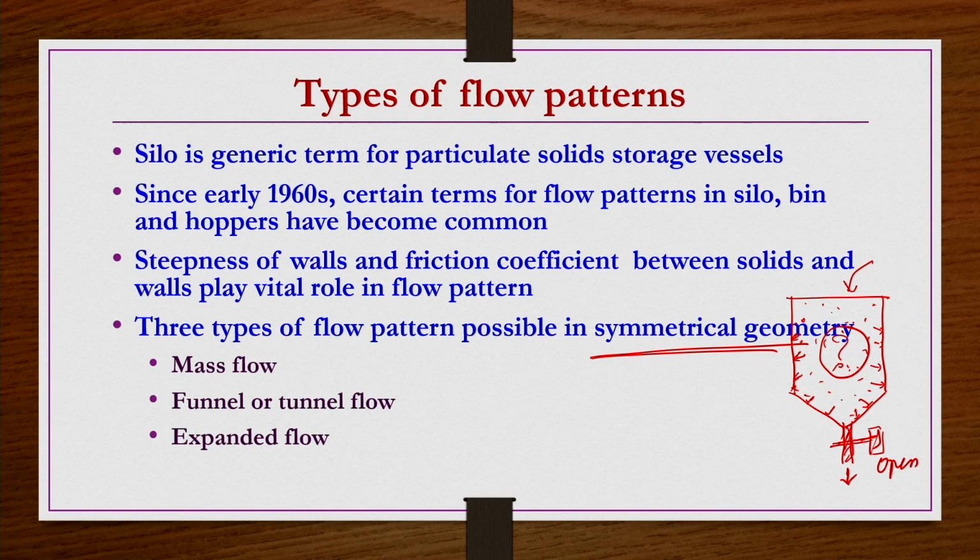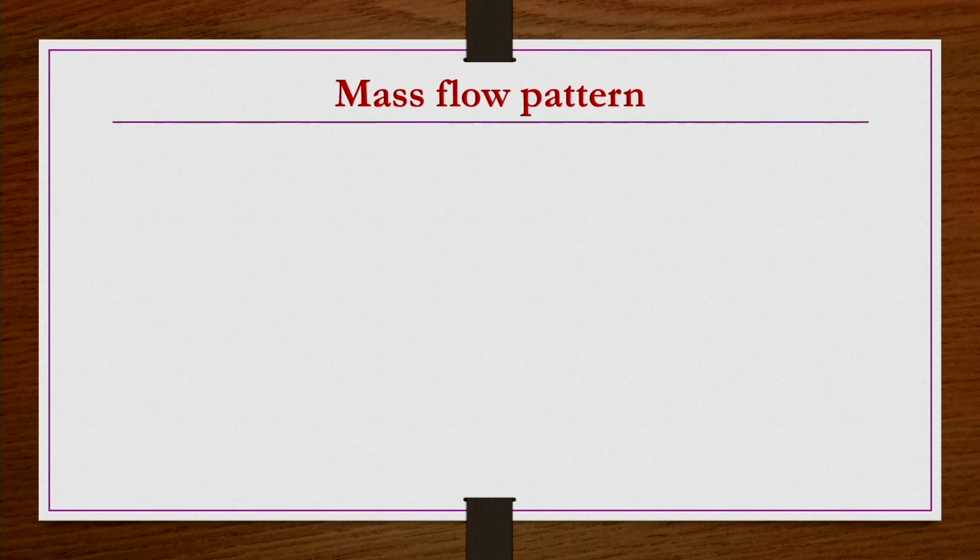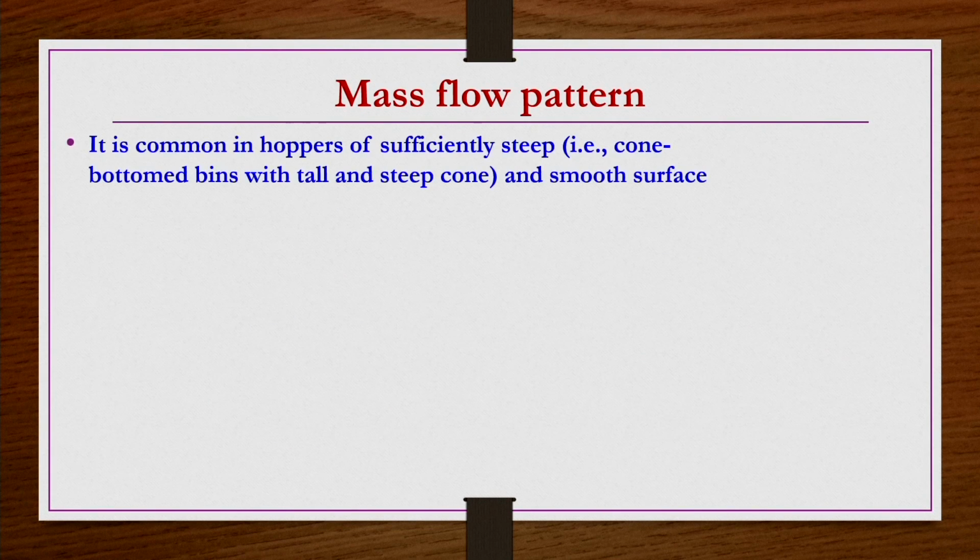Let us start with the mass flow pattern. Mass flow pattern is common in hoppers that are sufficiently steep, that is, cone bottom bins with a tall and steep cone and smooth surfaces.